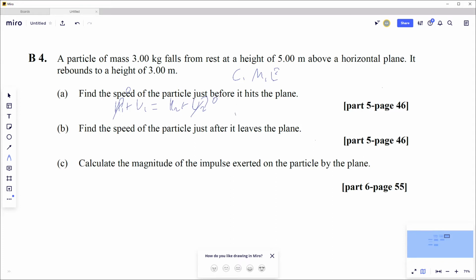So it will be just u1 equals k2, which is mgh, you can say h1, equals half mv squared. I call it v, and the other one I call it v prime squared, just to keep the symbols different. And we want v, so v equals divide by m, multiply by 2, 2gh1, and then square root.